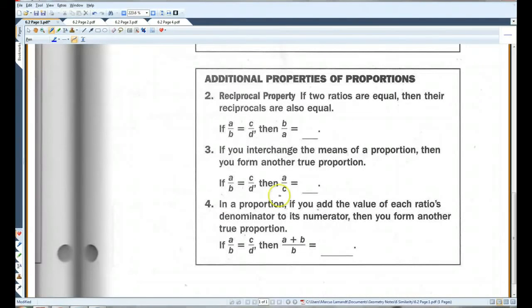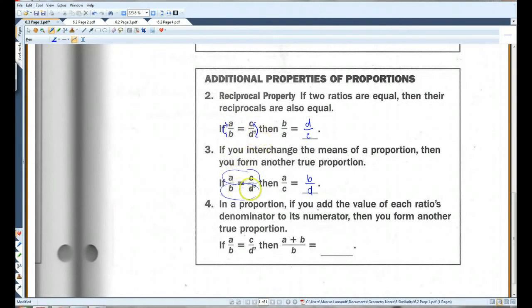Let's go over some properties of proportions. Reciprocal property. Remember, reciprocal means when you flip something over. If A over B equals C over D, then if you flip this over, B over A equals D over C. Also, if A over B equals C over D, then A over C equals B over D. So, you can flip a proportion.